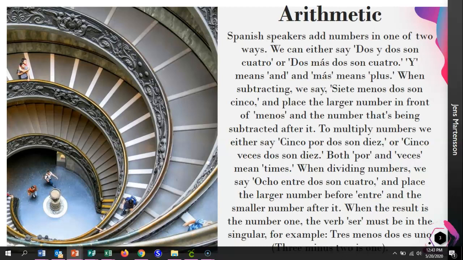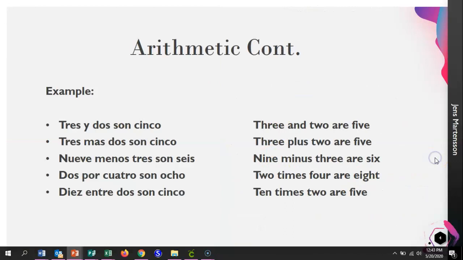When the result is number 1, the verb ser must be in singular form, so in this case we use es. 3 menos 2 es 1. These are a couple of rules you'll need to remember. Once again, jot these down in your personal dictionary.